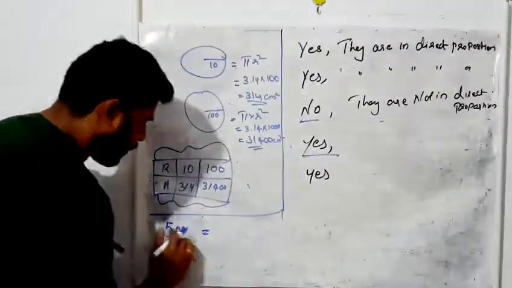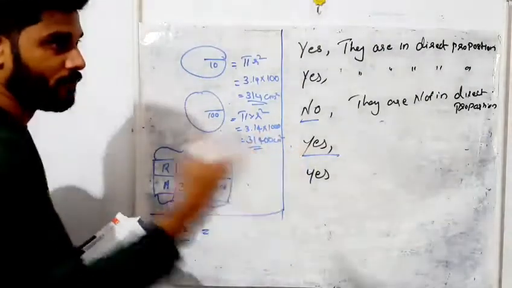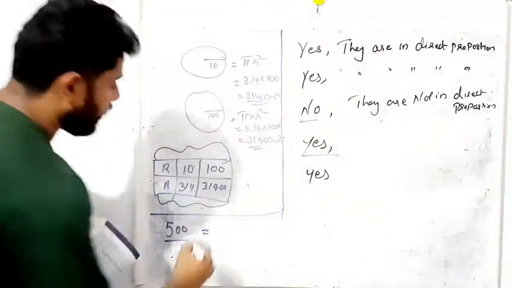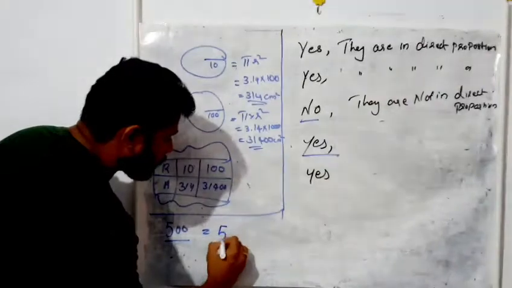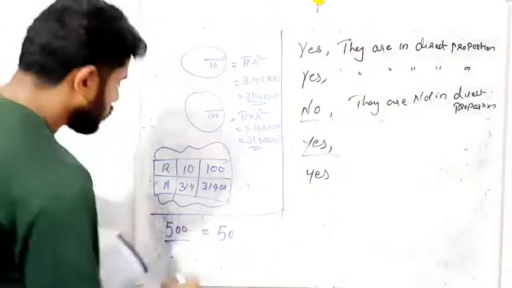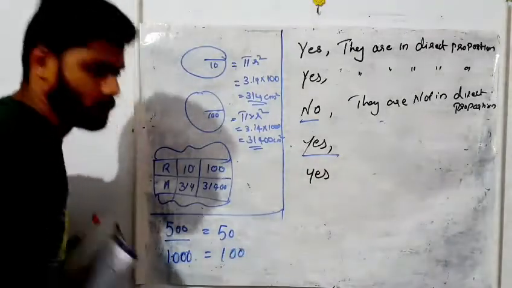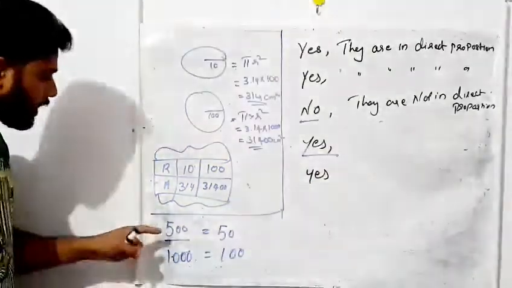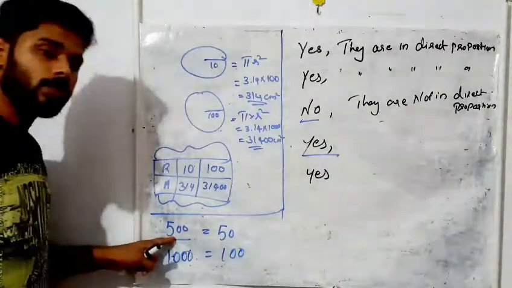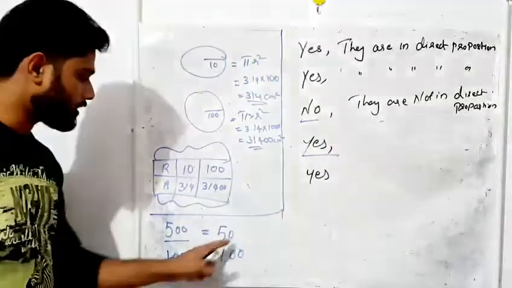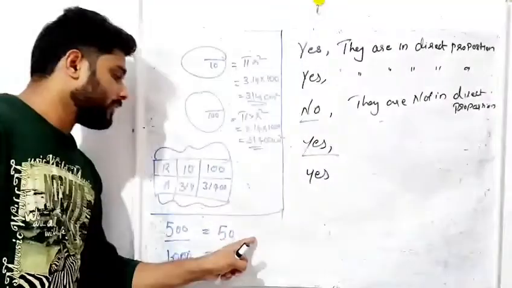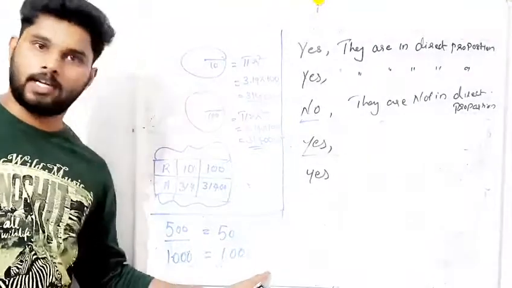So when I borrowed 500 from my friend, I paid him 50 rupees as interest. When I took 1000 rupees, I paid him 100 rupees. Understood? So what happened? When the principal amount is increased, the interest also increased. Clear?